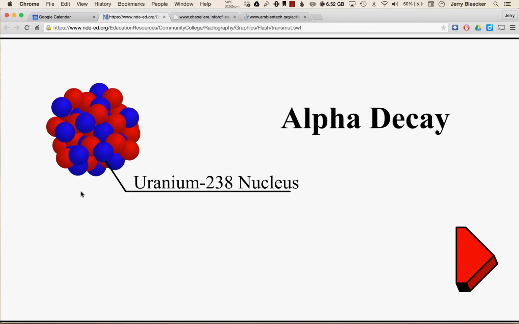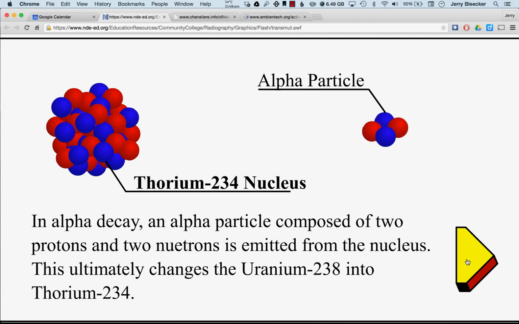In one example, we'll look at uranium 238 here. The nucleus itself becomes so unstable to the point where it emits what we see here. It's called an alpha particle. If we look at the two red balls there, those are protons, and these blue ones represent neutrons. The last time I checked, every single one of these has one atomic mass unit.